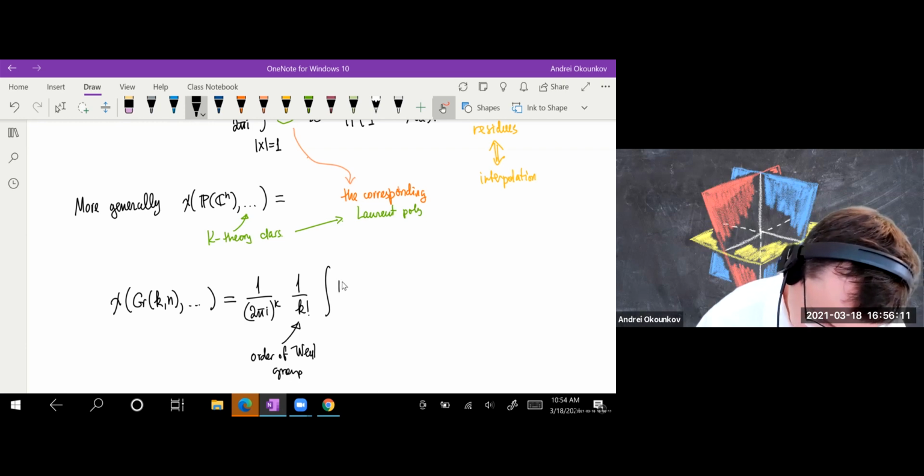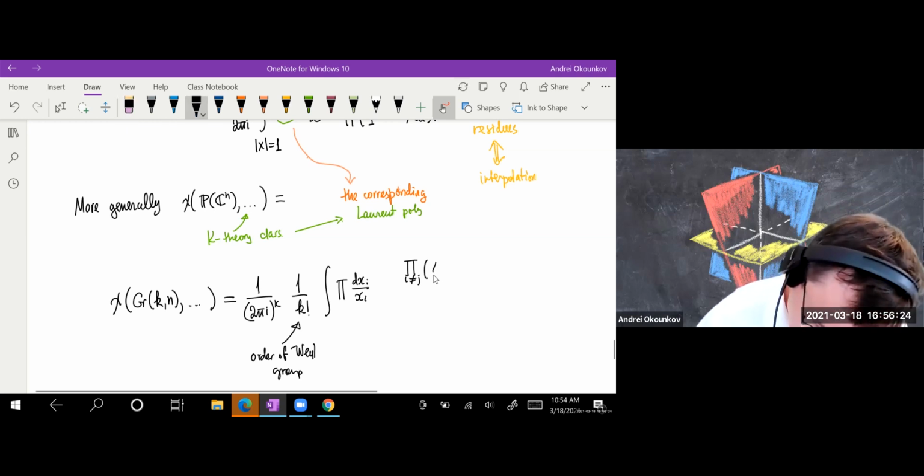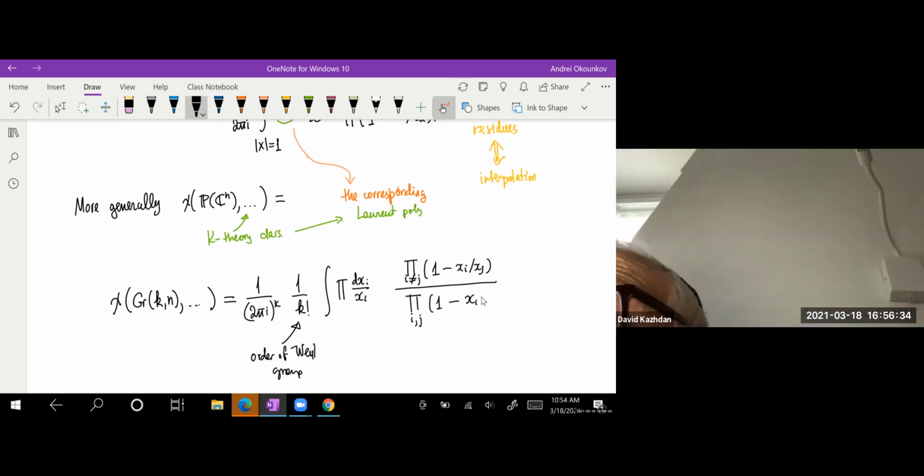Then there will be the product of dx_i over x_i. And then there will be the term, the product over i not equal to j of 1 minus x_i over x_j, divided by the product over i, j of 1 minus x_i over a_j.